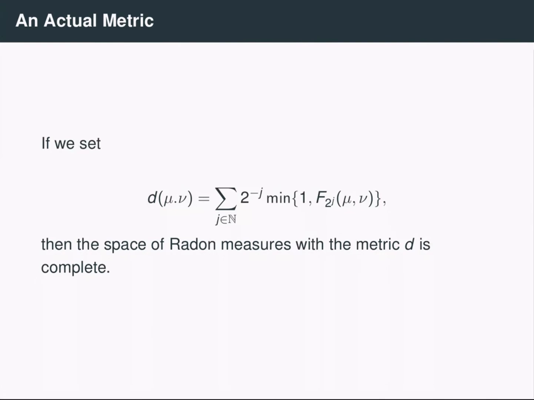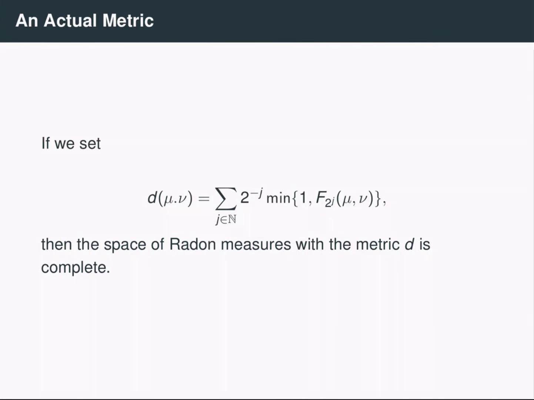Now, technically, these F functions that we've defined are pseudometrics, not metrics, since if F_B of mu, nu is equal to 0, all that says is that the measures mu and nu are equal to each other in the interior of the ball B. However, we can combine these pseudometrics into one metric as follows.